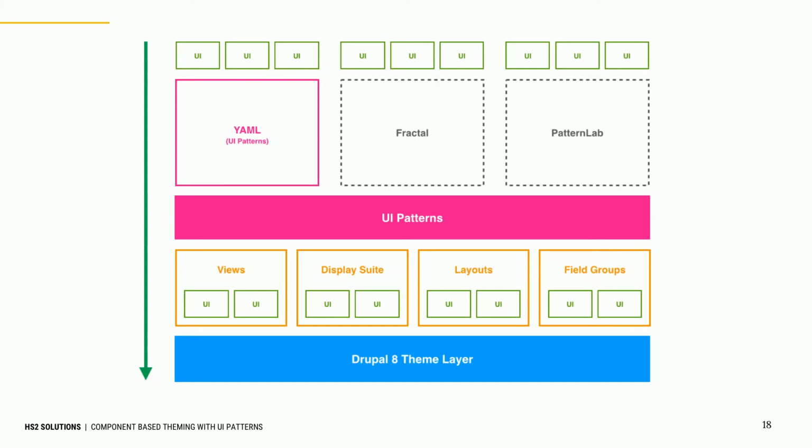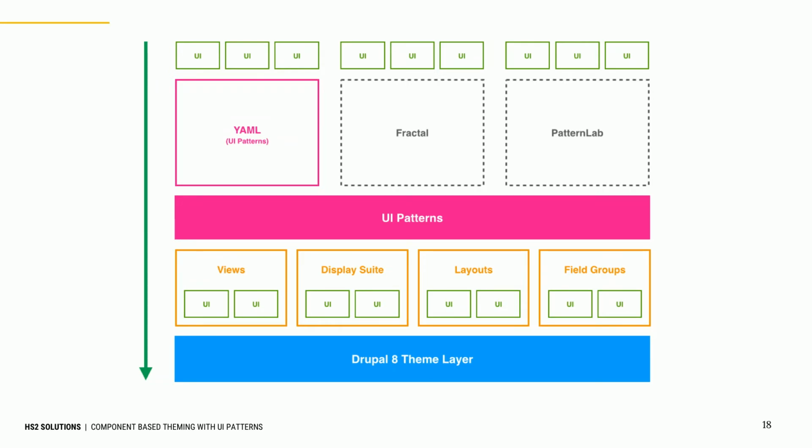Once you define your pattern in YAML, it's made available to Drupal, and then you can use it with those integration modules, as they call them. There are Views, Display Suite, Layouts, and Field Group submodules. That allows you to render these patterns in Drupal. And then there are the dotted line boxes there for Fractal and Pattern Lab.